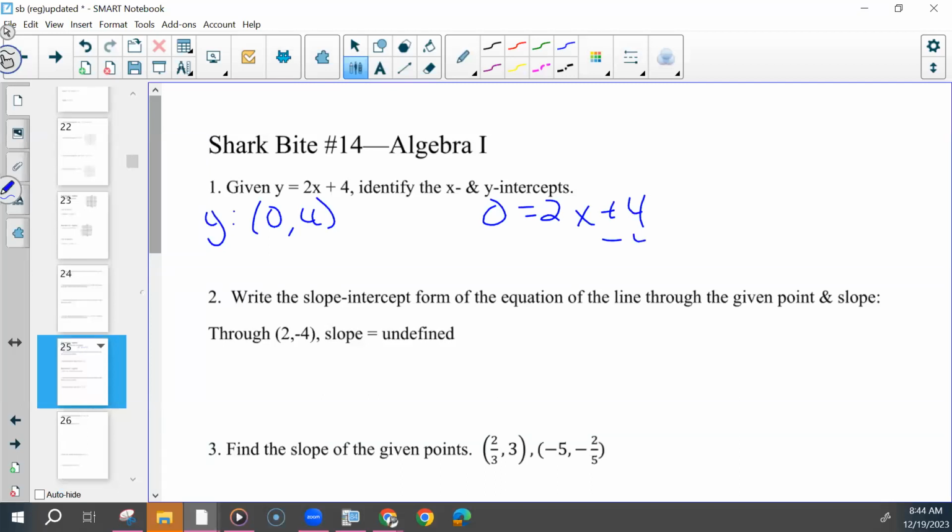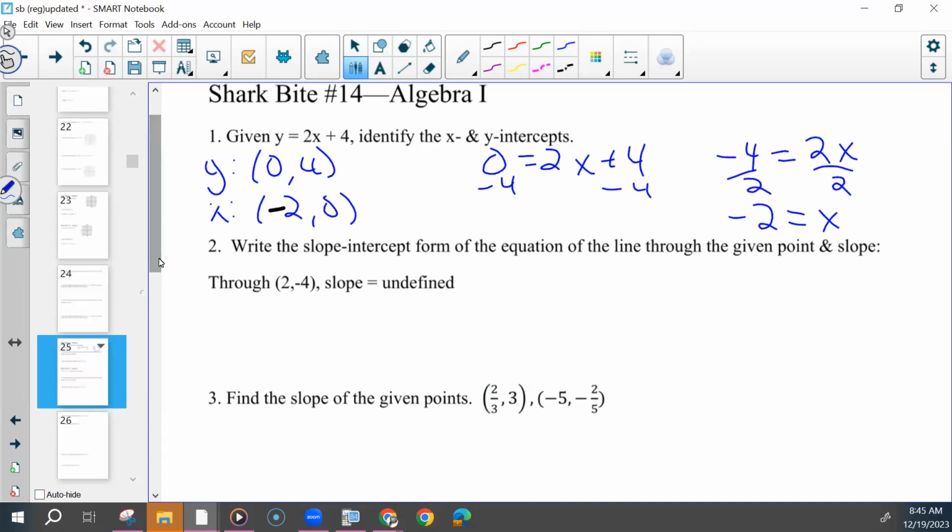Get rid of 4 by subtracting, and divide both sides by 2. So that intercept would be -2, 0. So those would be your 2 intercepts. Questions on either of those?